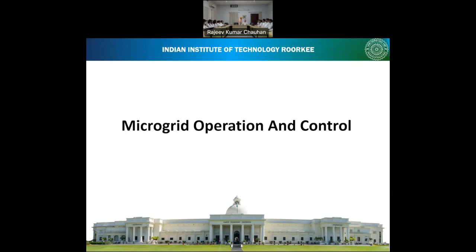But if we have independent grids, then it is very difficult to transmit the energy from the eastern to the west area. So then the concept of the national grid came. Now we can supply power from one end of India to the other end.